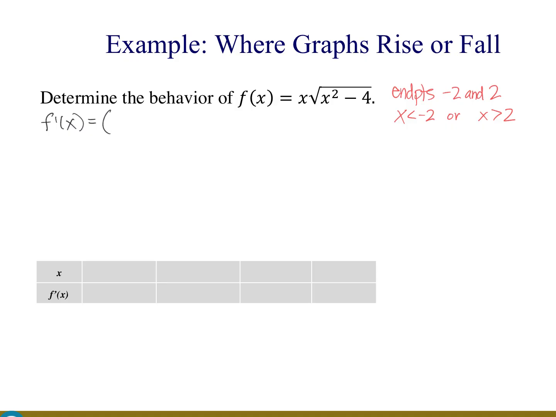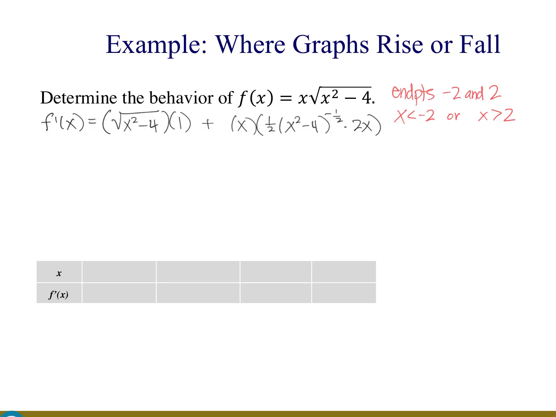So my product rule starts with, this is why we don't have to review for the exam because we just keep using everything we used before, the product rule starts with x squared minus 4 under the radical times 1 plus x times, and now I need the radical here, which is half times x squared minus 4 to the -1/2 times the chain rule of 2x.